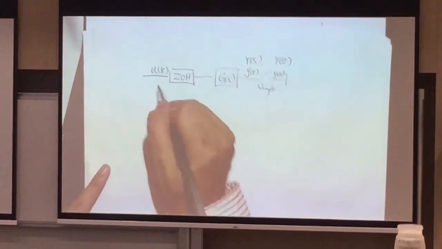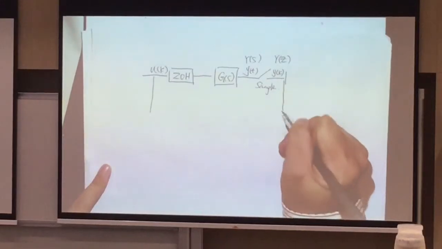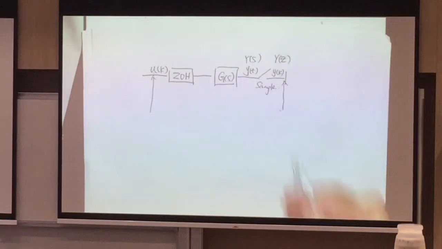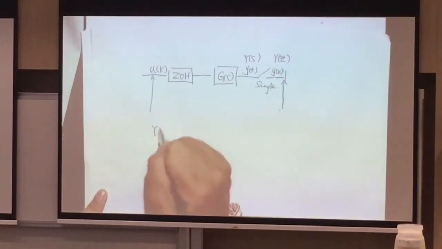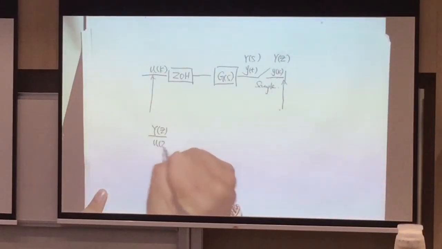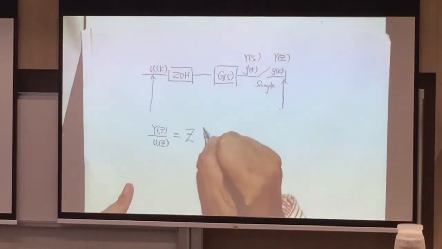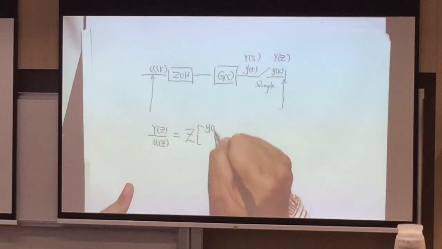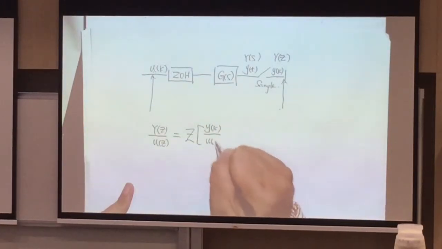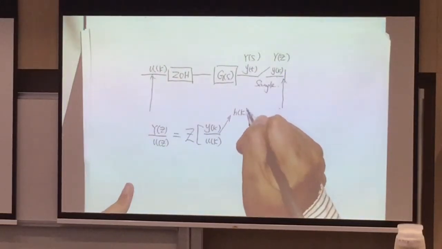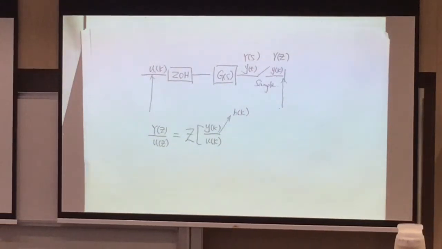So now what we are talking about is frequency. We consider u(k) as your input and y(k) as your output, right? So basically we are talking about Y(z) over U(z). So this way you can consider it as a Z transform relationship between your y(k) and your u(k).